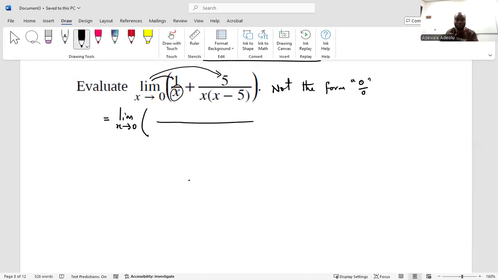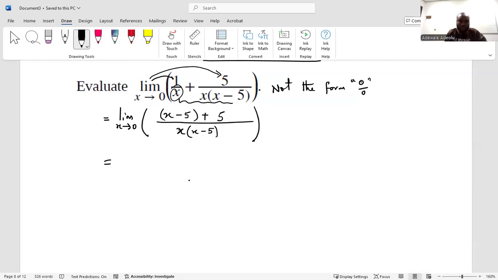You can use any method you know, but the common denominator there will be this, and I will have x minus 5 plus 5, I believe. Let's see, this x minus 5, this 1. Yes. So that is what we have. Just combining these two fractions. That's what I've done.